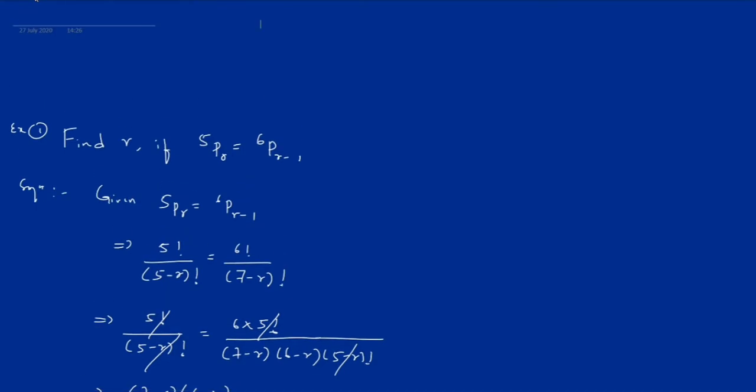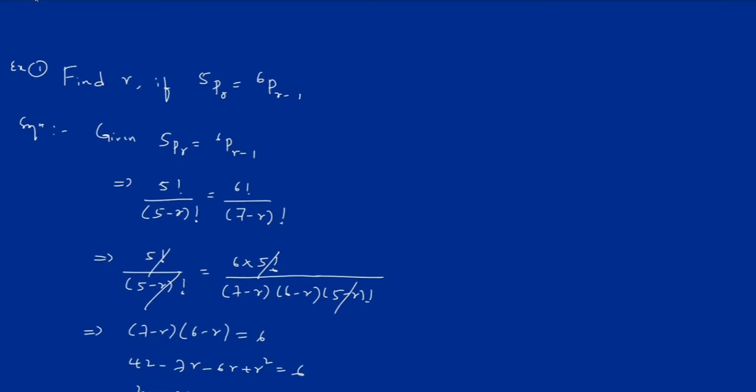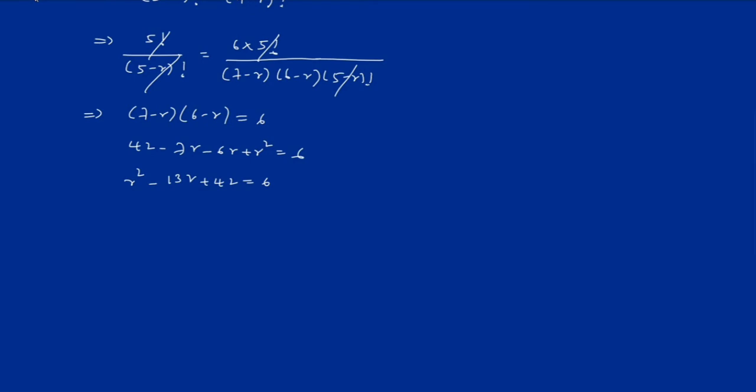What we get here: R square minus 13R plus 42 minus 6 equals 0. So R square minus 13R plus 36, since 42 minus 6 is 36, equals 0.